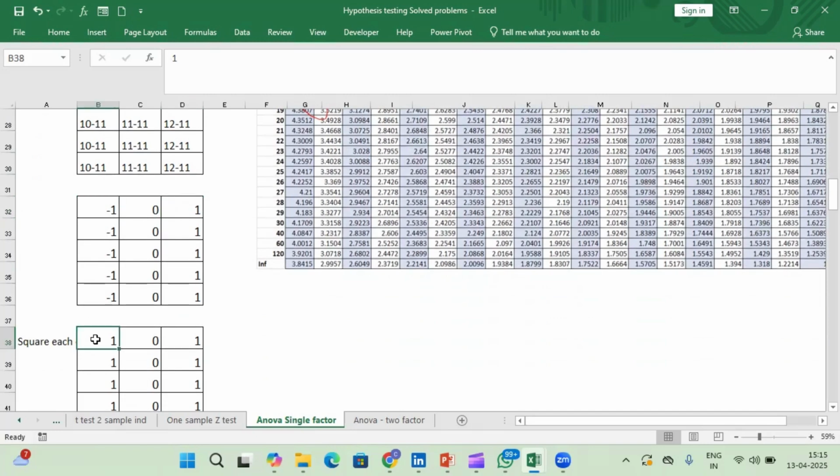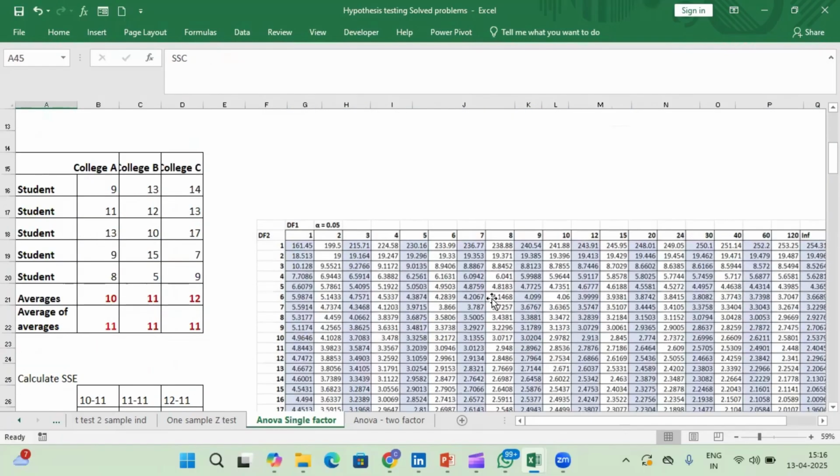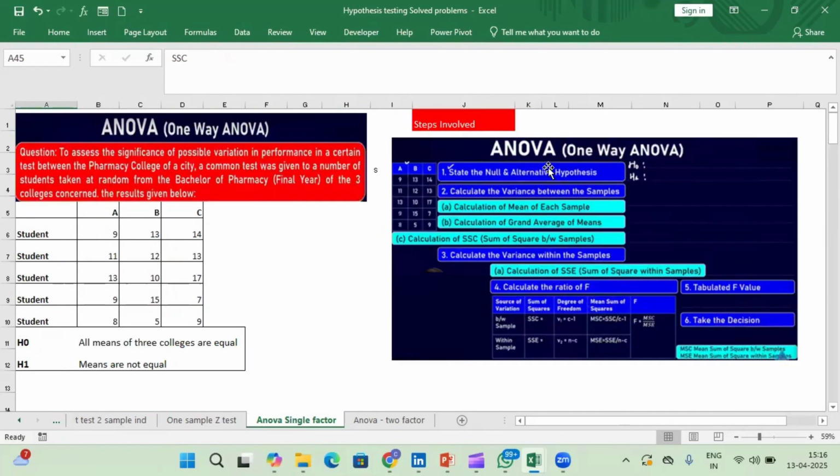Minus 1 square becomes 1, 0 square becomes 0, 1 square 1. And total of this is 5, this 0, 5. And the total of 5 plus 0 plus 5 is 10. That is known as SSC. So we have to find out SSC and SSE.